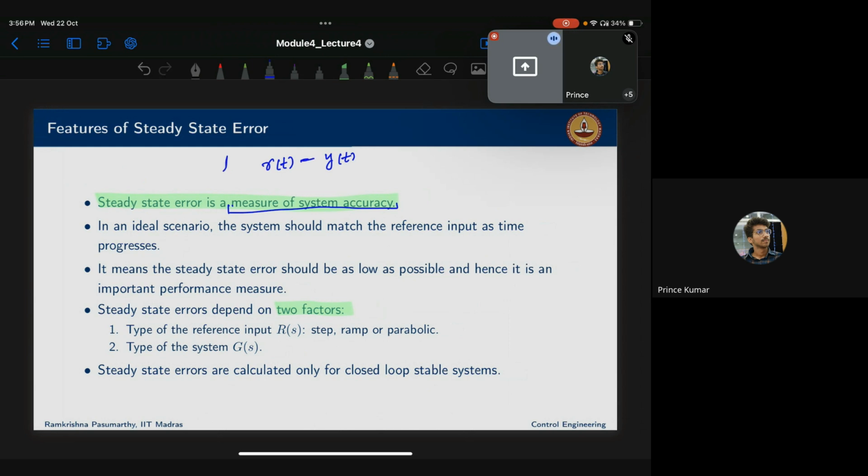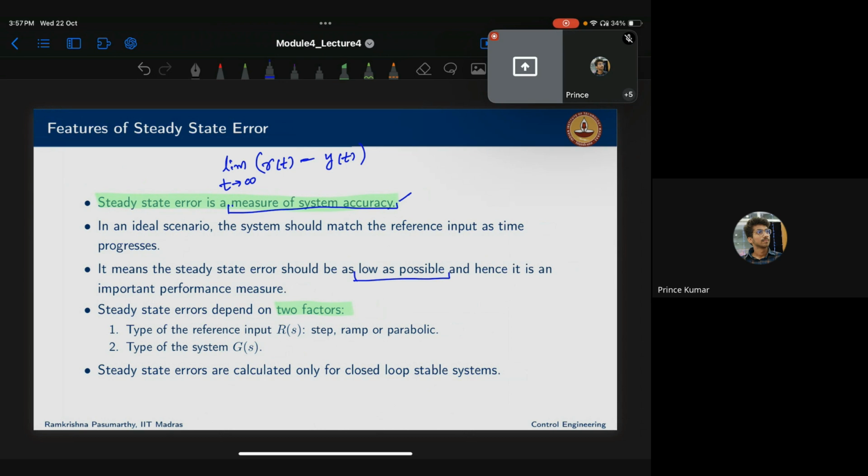The difference between these two as time tends to infinity is the measure of system accuracy. In the ideal case that should be 0, so Y of t must match R of t. Our general requirement is that it should be as low as possible.